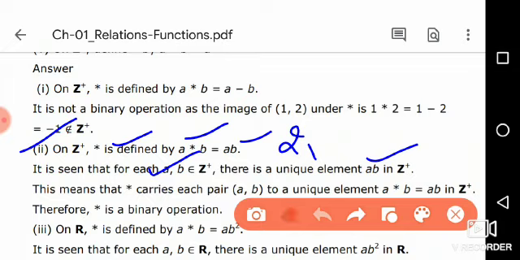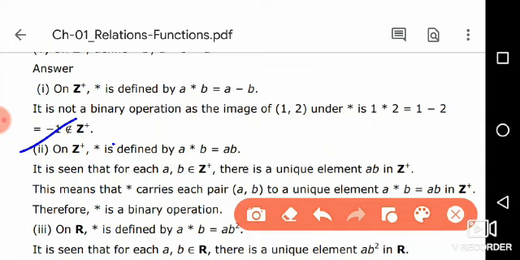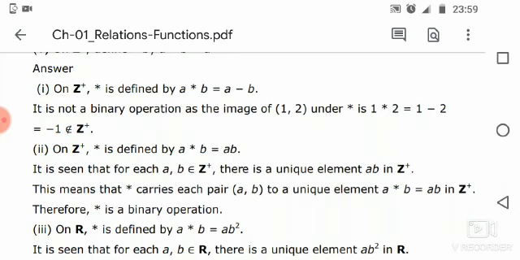Let me begin with one more question, which is the third problem. On R, the set of real numbers, star is defined by a star b is equal to a into the square of the second number.